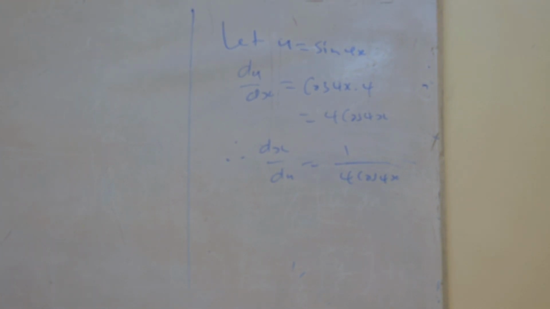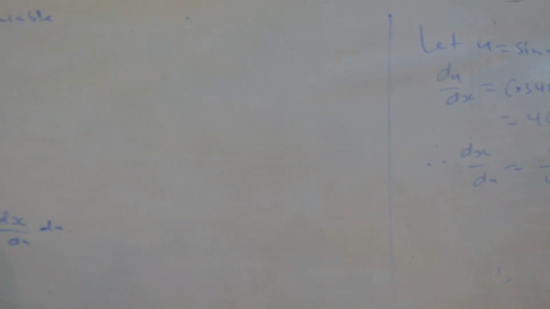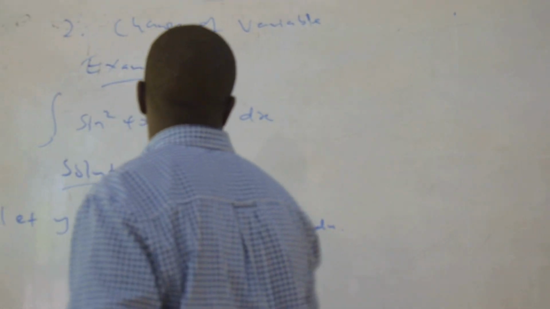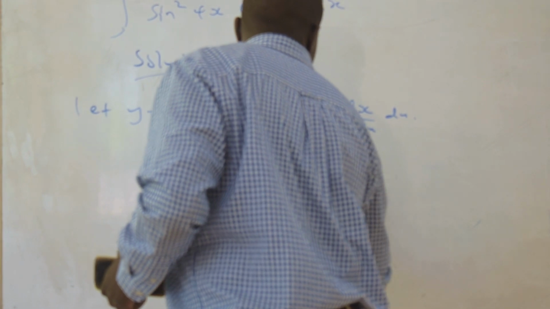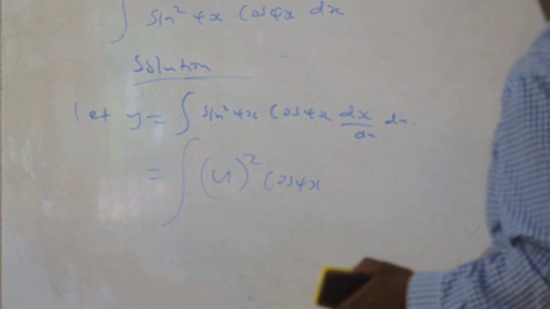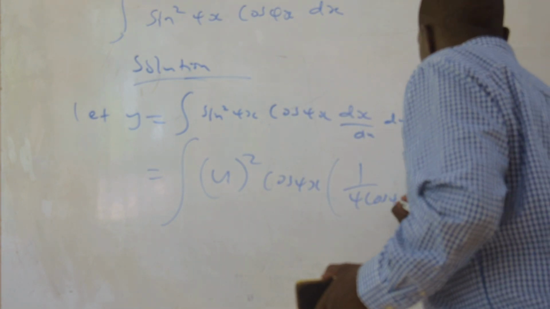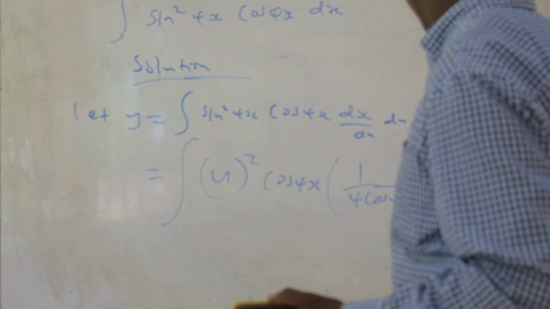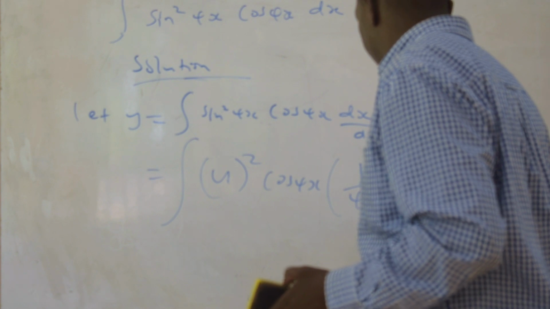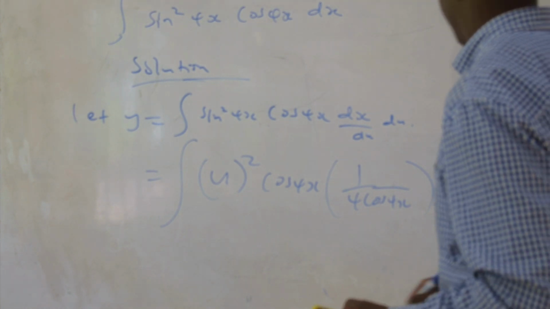So this is the same as saying integral of u squared cos of 4x, where dx/du is 1 over 4 cos of 4x du. Cos of 4x cancels out with cos of 4x.